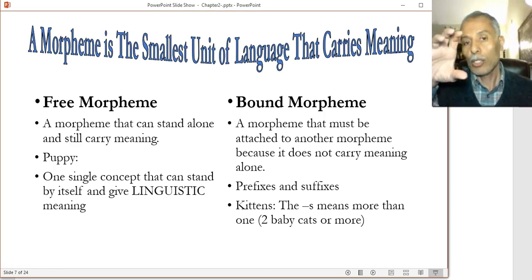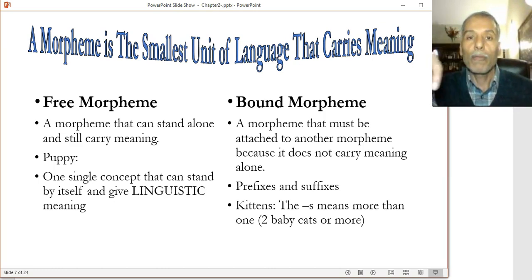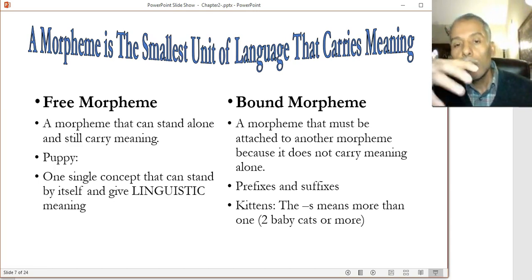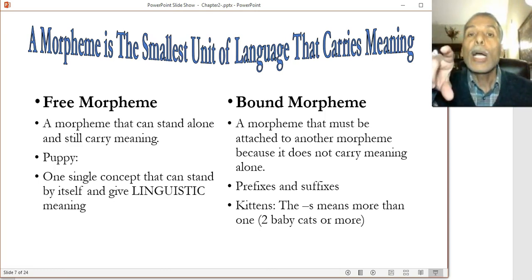It is a small, specific size, has a tail, has fur, and all these descriptions that apply to cat. But you add the S at the end, that means more than one of that species, more than one of this kind.